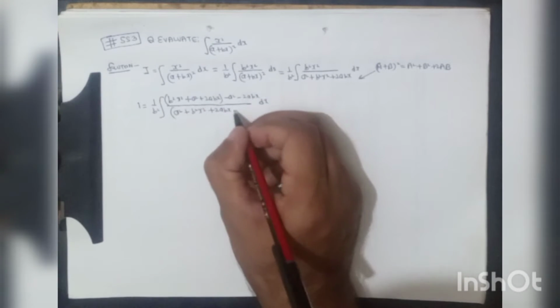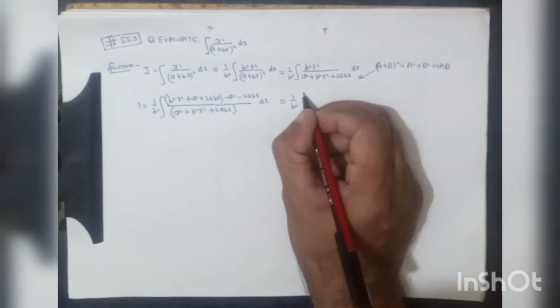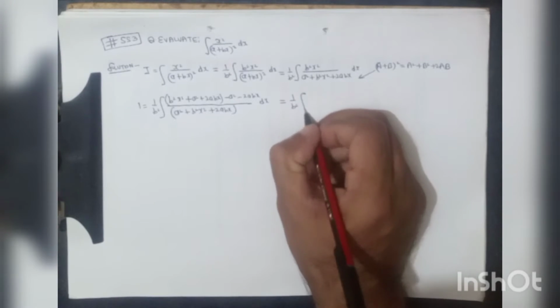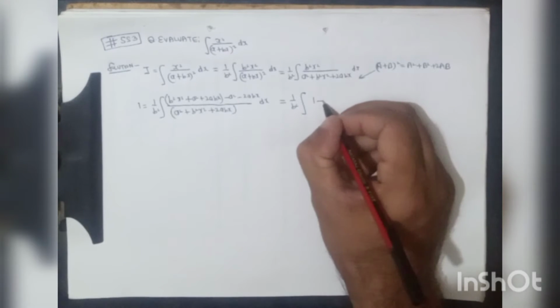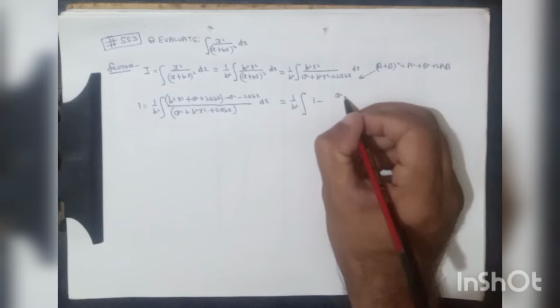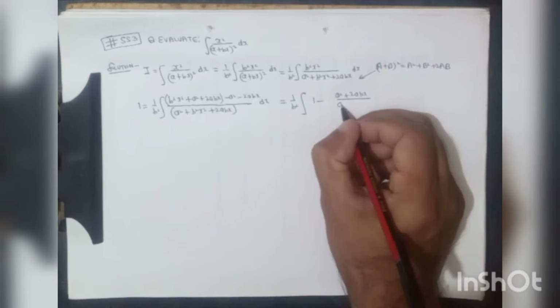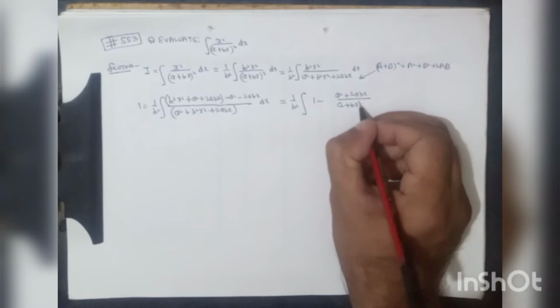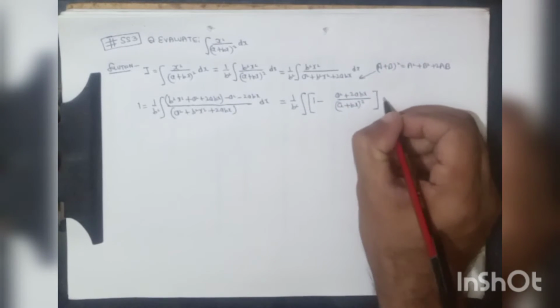So this may be written as I is equal to 1 upon b square into integration of 1 minus (a square plus 2abx) divided by (a plus bx) whole square dx.